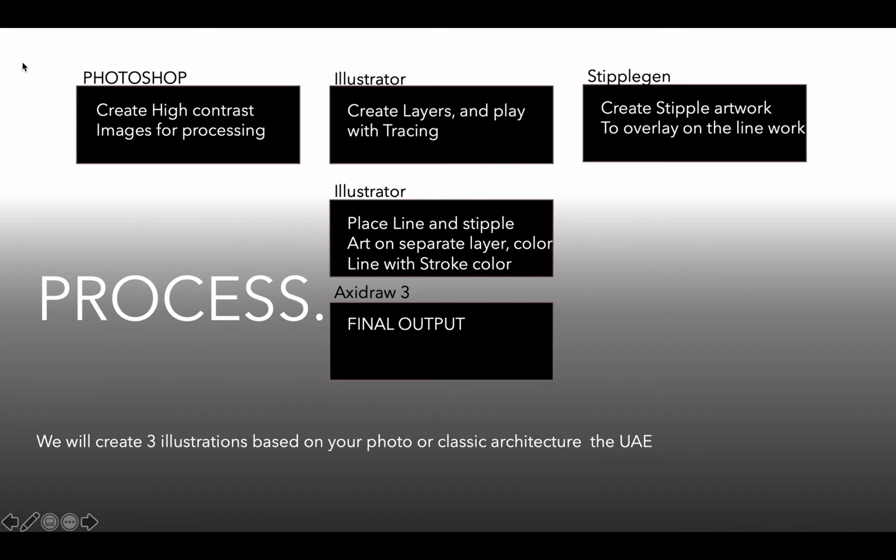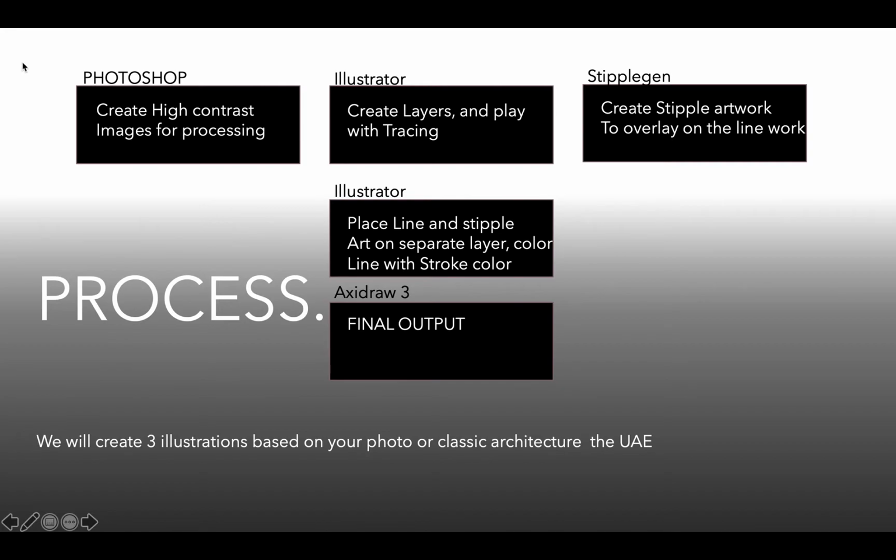Okay, so the next part of the workflow is that we use Illustrator to create layers and play with tracing, and this is the only place where I'm going to let you use auto trace, but there's all kinds of different ways to do it, and you'll see in the next video I actually used Sketchart, and it worked out really well. I usually use 3 color, so we'll talk about that more.